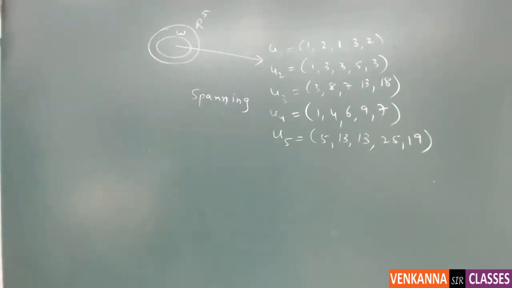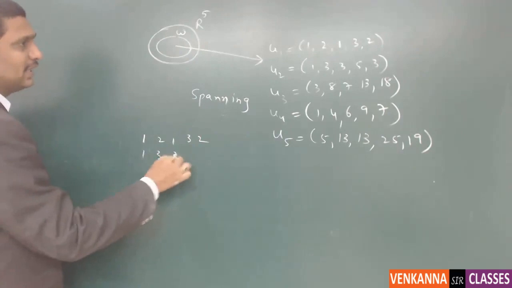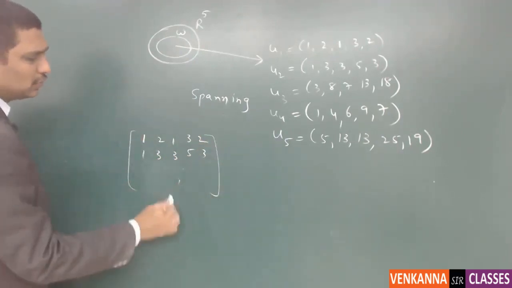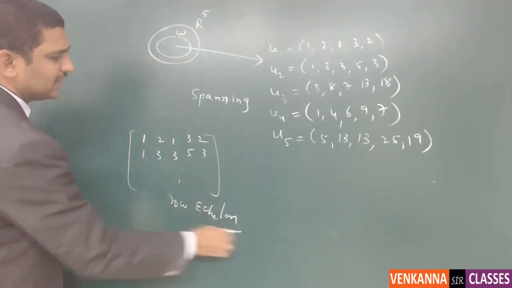If I ask you a question, find a basis for W, what do we usually do? Those 5 vectors are written as a matrix 1, 2, 1, 3, 2, 1, 3, 3, 5, 3, and so on. You reduce that into row echelon form, because you are applying only row operations here.